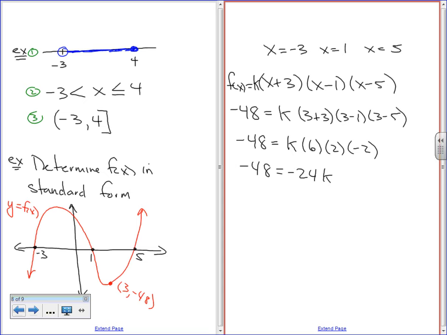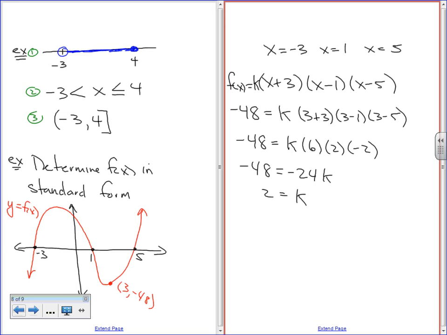Divide both sides by -24, and k is equal to 2. So now you determine the exact value of k that's going to give you the zeros of -3, 1, and 5, and you're going to ensure that it passes through this point.